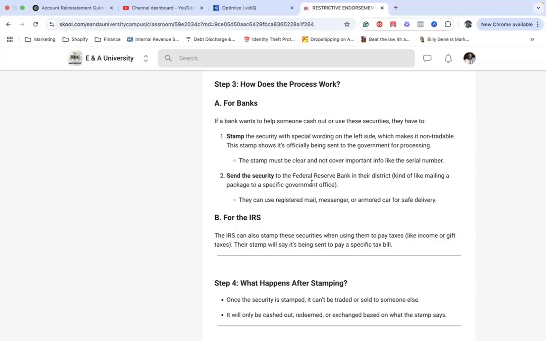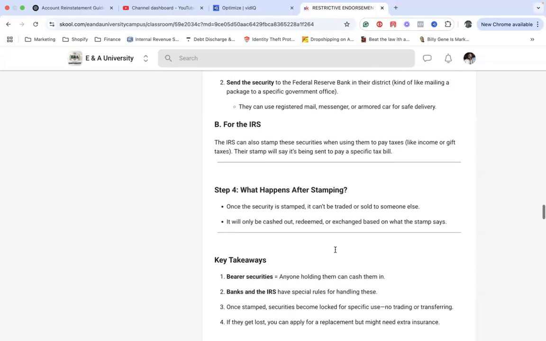Now, for the IRS, the IRS can also stamp these securities when using them to pay taxes, like income or gift taxes. Their stamps will also be sent to pay a specific tax bill.